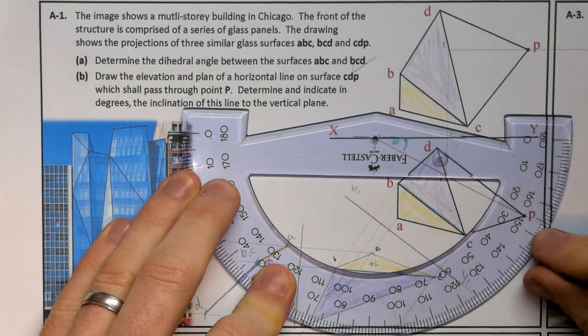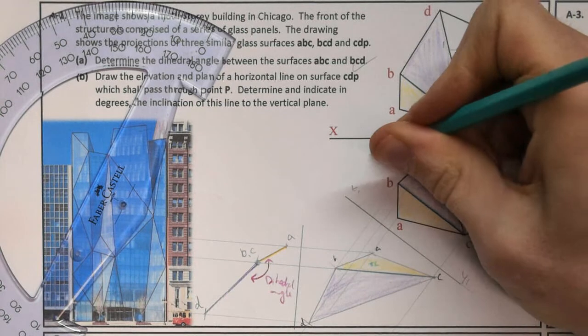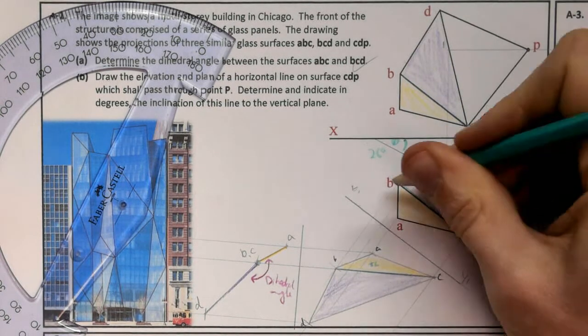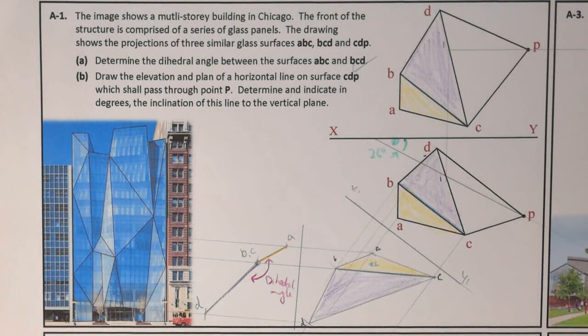So that is at 26 degrees. So 26 degrees. Okay, so that is question A1, nice intersecting planes question in 2019.